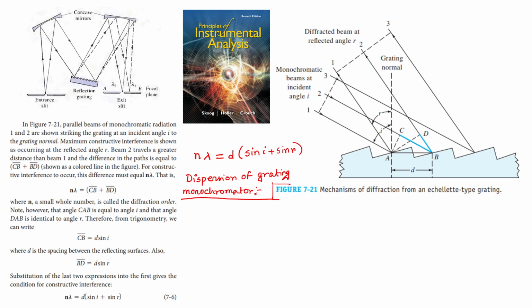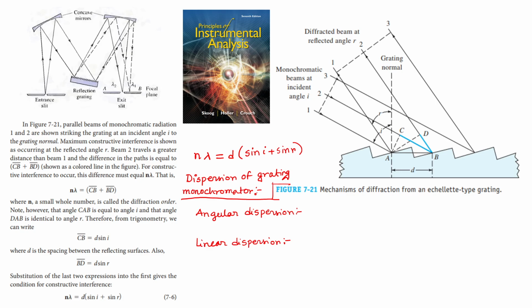So the dispersion of a grating is the ability of a monochromator to discriminate two different wavelengths. There are two kinds of dispersion of a monochromator, which are known as angular dispersion and linear dispersion. And obviously there is some relationship between the angular and linear dispersion. We will discuss that.